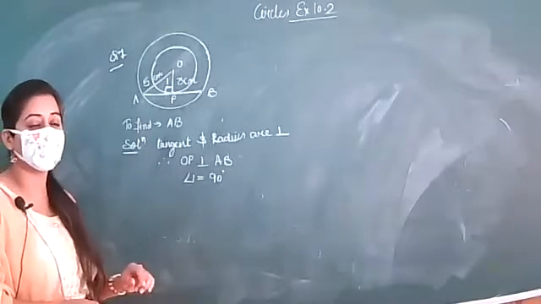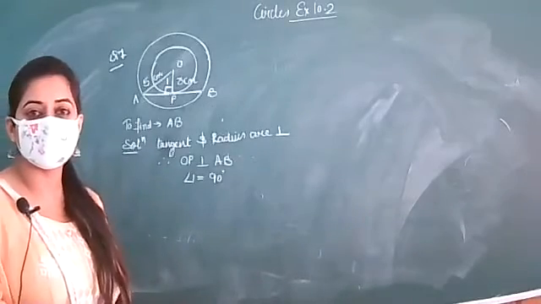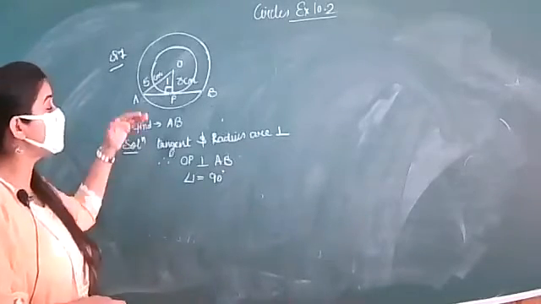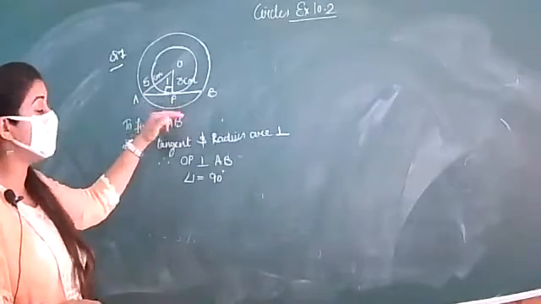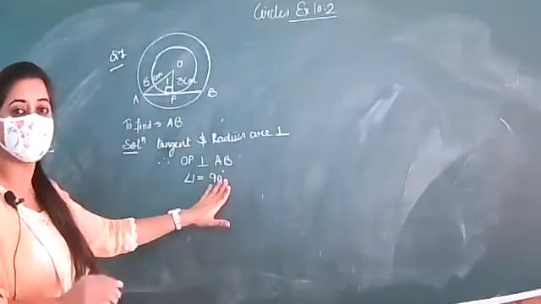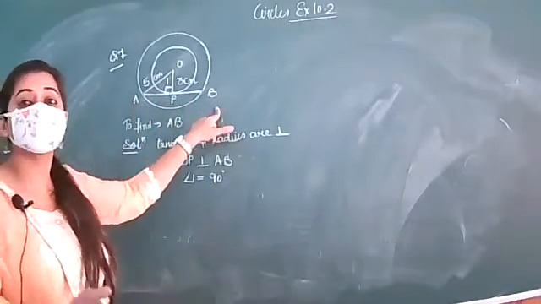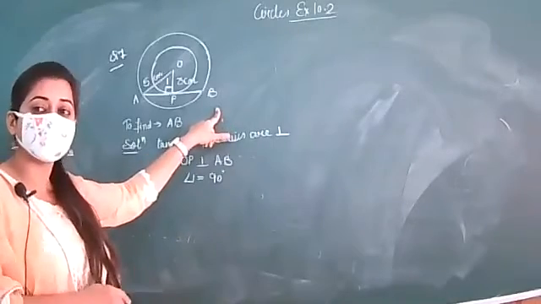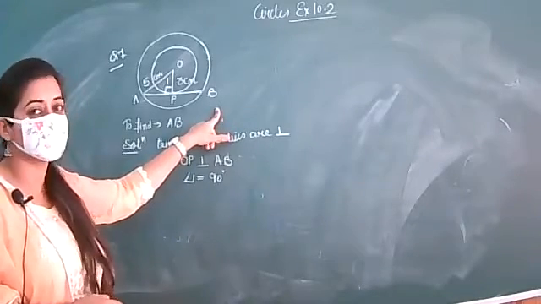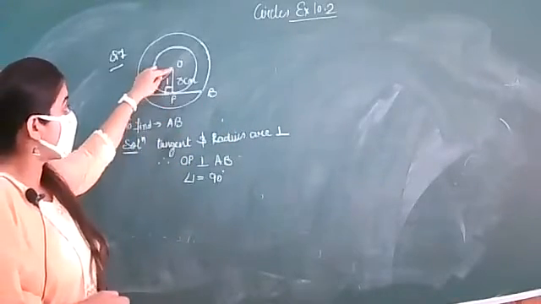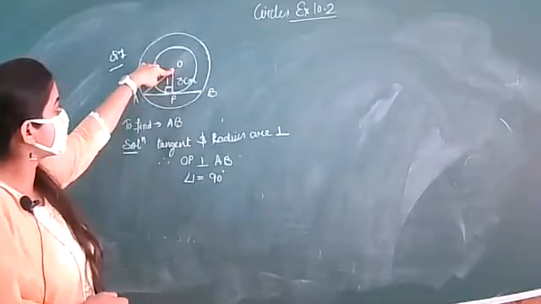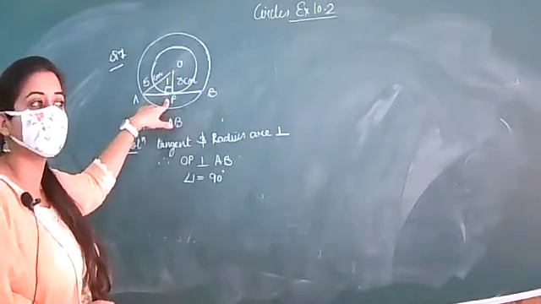Now let's apply another result from your 9th class circle chapter. As you can see that this AB is your tangent. So we have applied one of the results from this chapter, and AB is a chord. But in the 9th class, you have discussed one of the results that if the perpendicular is drawn from the center of the circle to the chord, then it must bisect it.